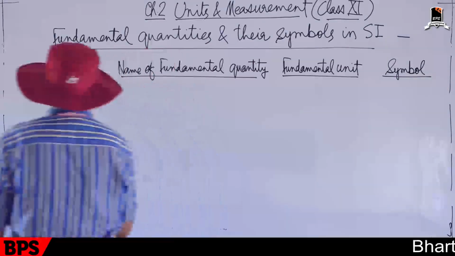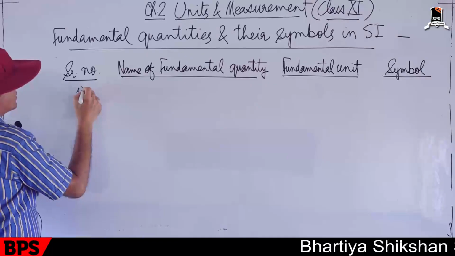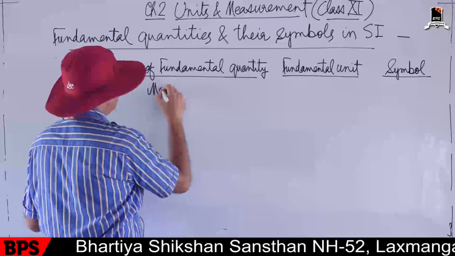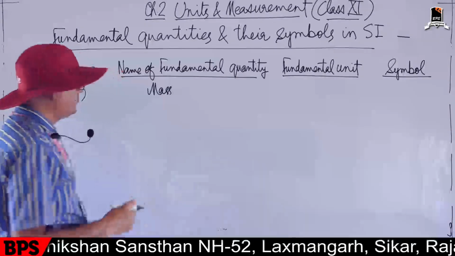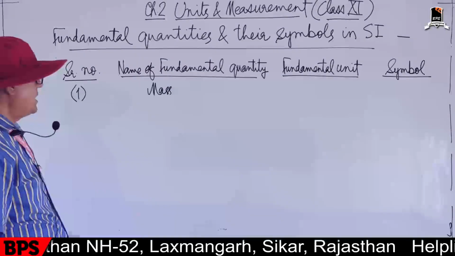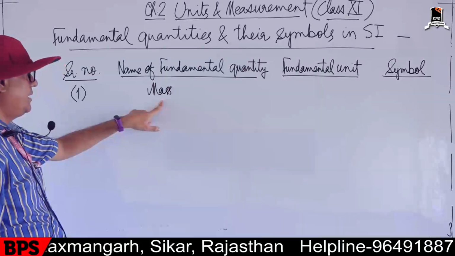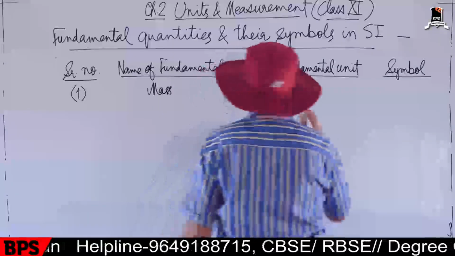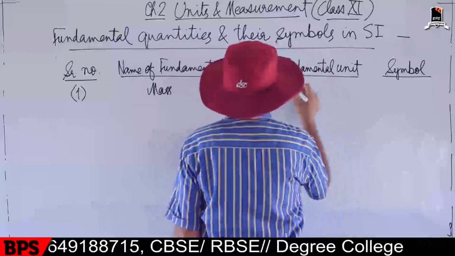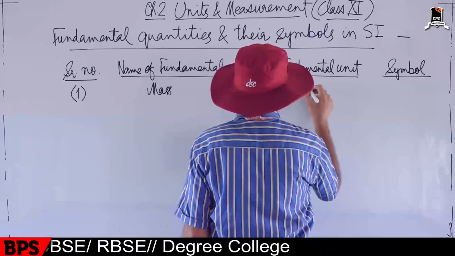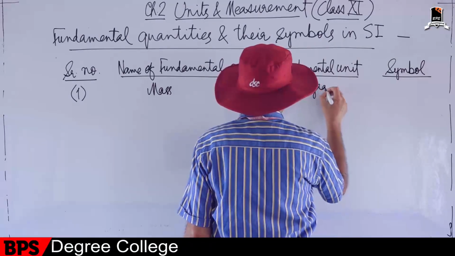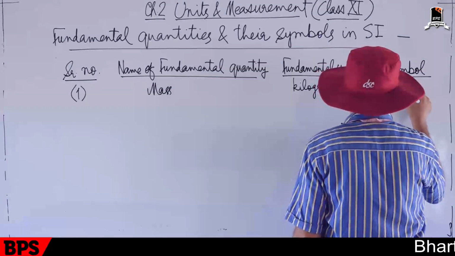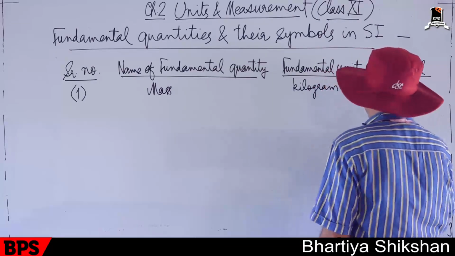So, first one is mass. Mass is the first fundamental quantity here, and its fundamental unit name is kilogram. And its symbol is small k, small g.